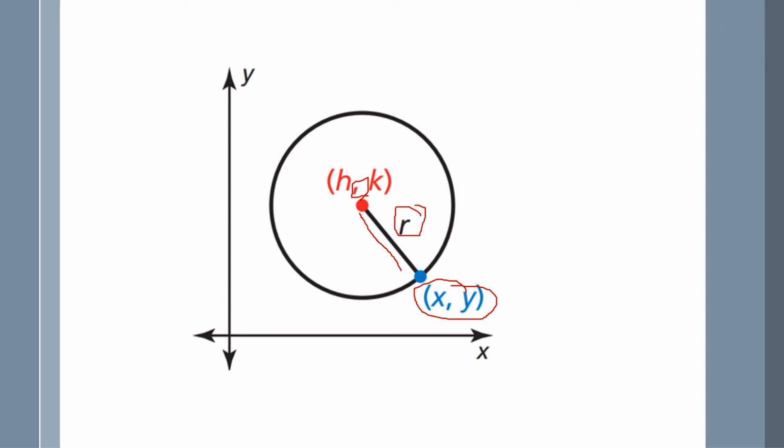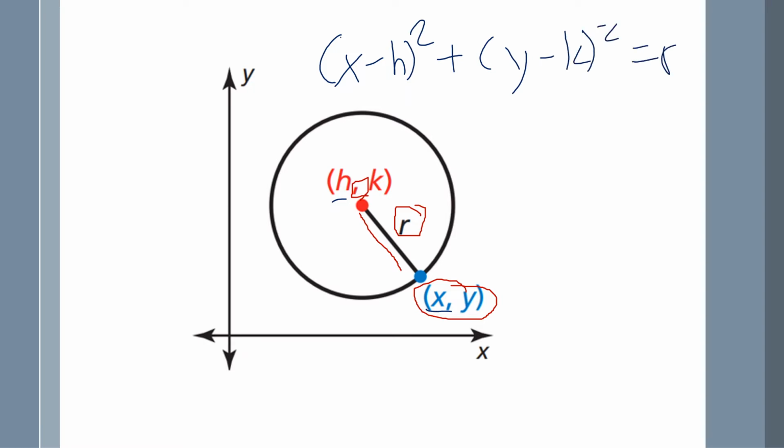So remember this formula: outside x minus h squared, because it's outside minus the inside, plus y minus k squared equals r squared.